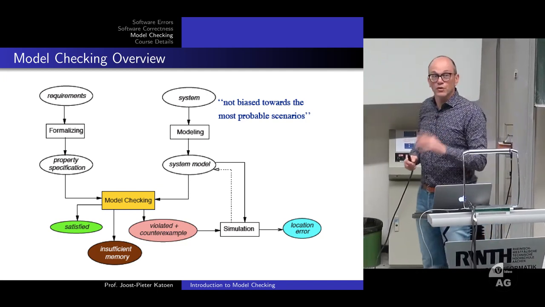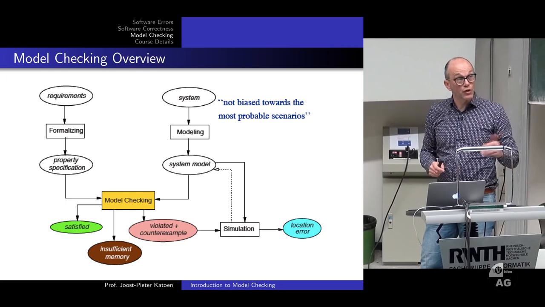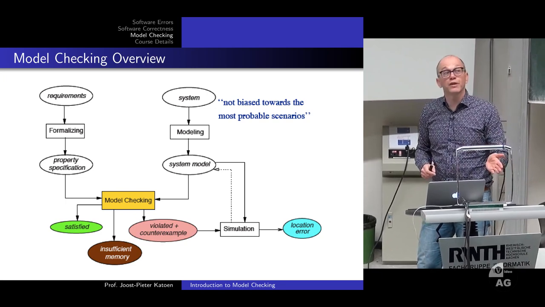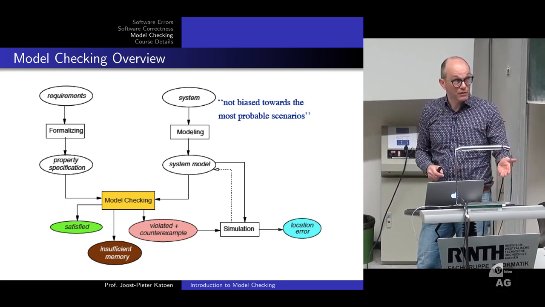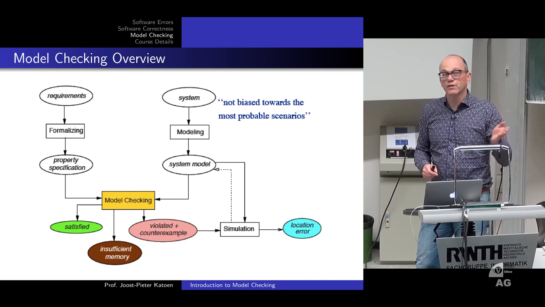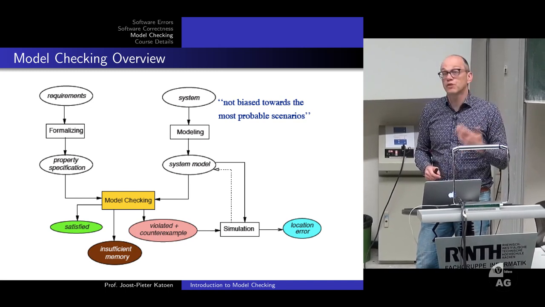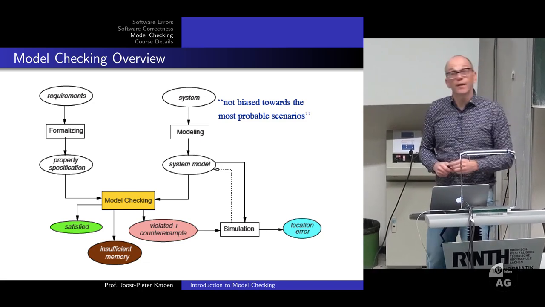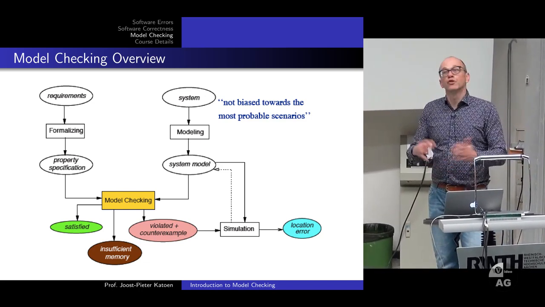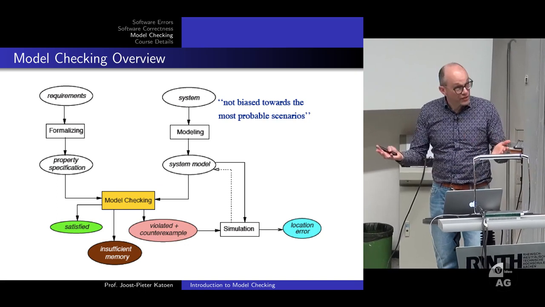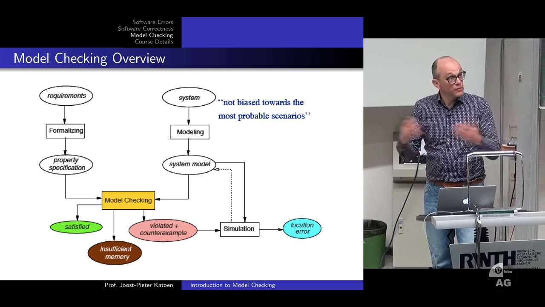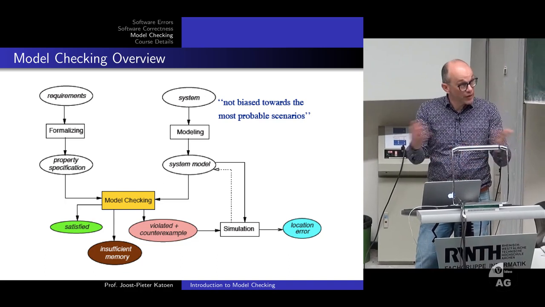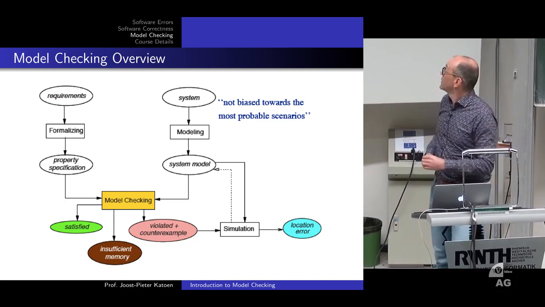And then the strength of model checking is that model checking will also give you a counterexample. So it will give you diagnostic information why the model is violating the property. And this is very helpful. And this is why some people actually claim that model checking is most useful as a kind of clever debugging technique. Because if you find a bug, you get some information and maybe you can fix at least what you're doing.